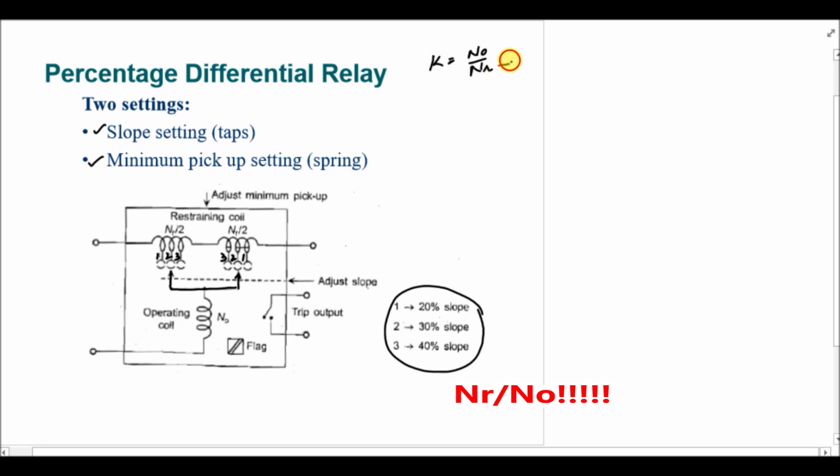So this is the restraining coil number of turns and this is the operating coil number of turns. If you change the restraining coil number of turns, it will change the value of K and you will have different slope values. Similarly, for the minimum pickup setting you will have to use the spring. So this is the plug setting.